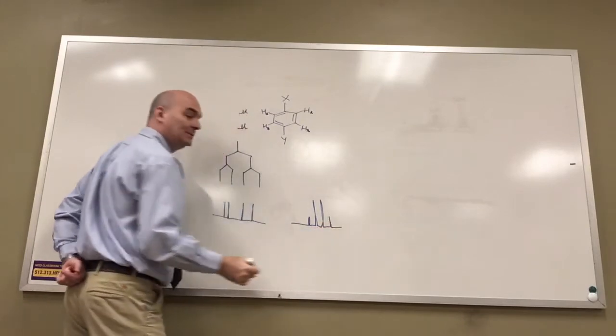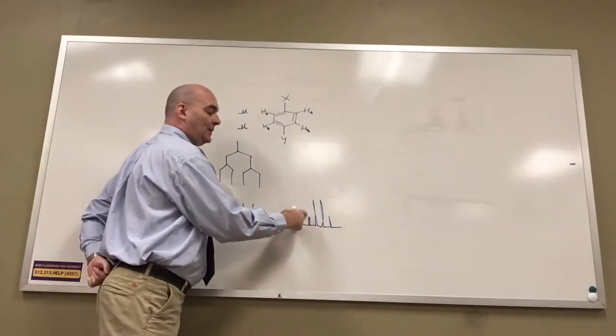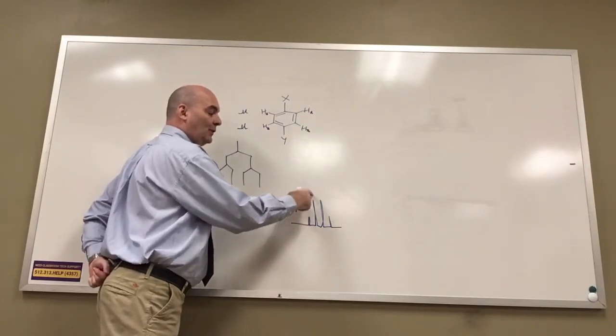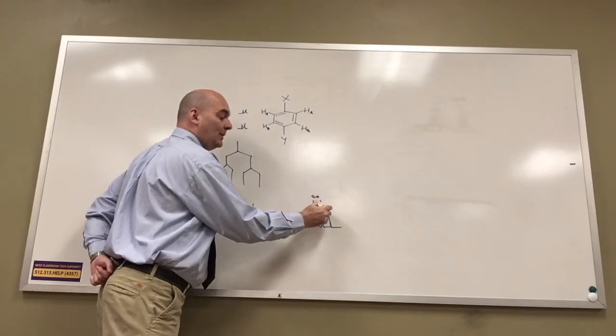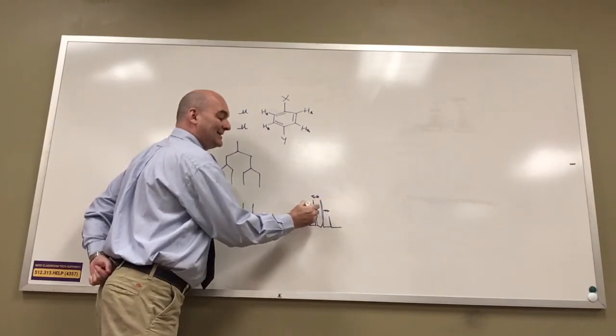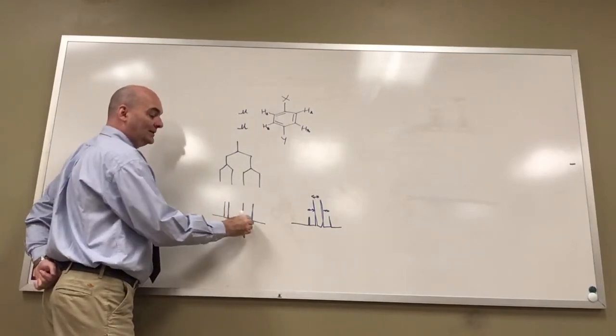This is different than a quartet. A quartet has 4 lines, but the peak heights go small, big, big, small, and the gap between them is the same. Here, I get same height, same height.